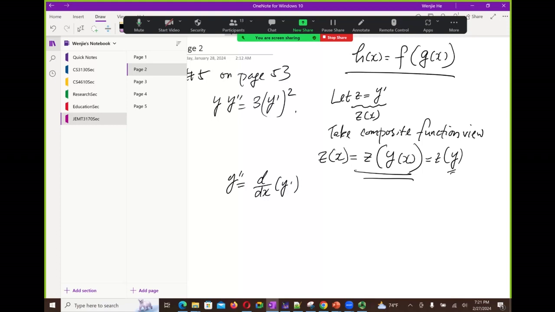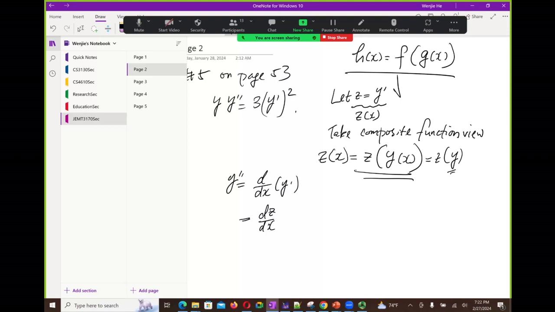That's the meaning of y double prime. Now let me write. Because y prime equals z, is it dz over dx? Based on the assumption, z equals y prime, so we replace y prime by z.